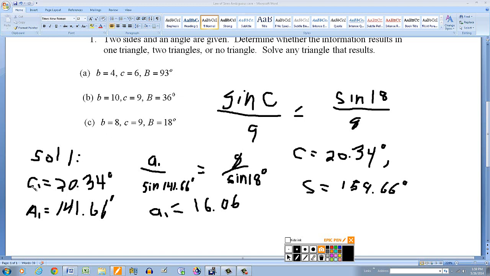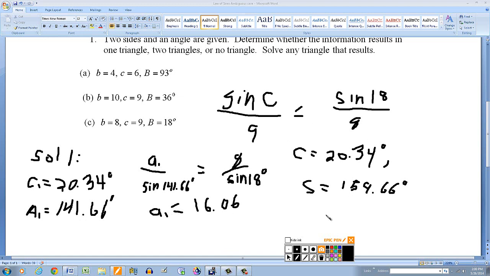Angle capital C1 is 20.34, angle capital A1 is 141.66, and side A1 is equal to 16.06.